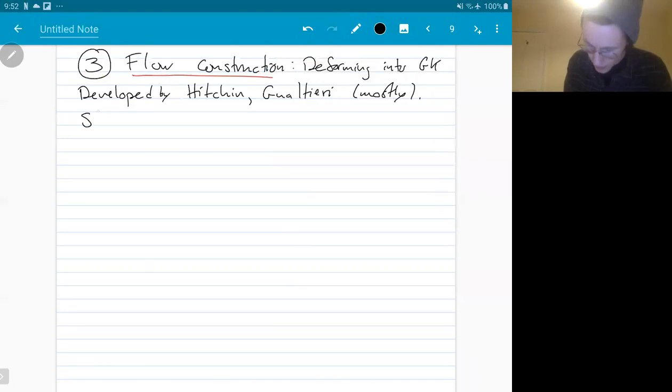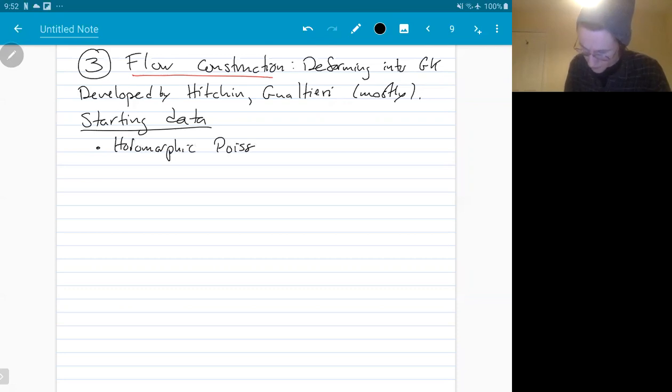Okay, so the starting data for this construction is the following. So first we have a holomorphic Poisson structure, Xi sigma.